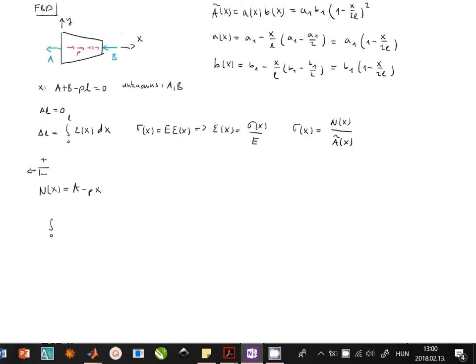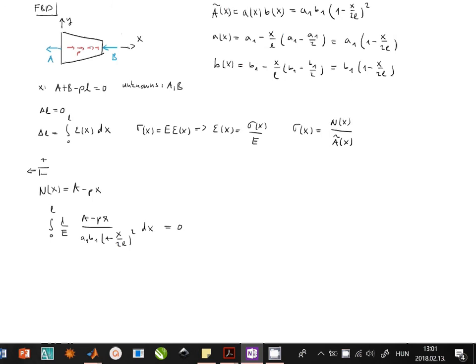So we have the integral from 0 to L of 1 over E times (A minus Px) over (A1 B1 (1 minus x over 2L) squared) dx. And this must be 0.